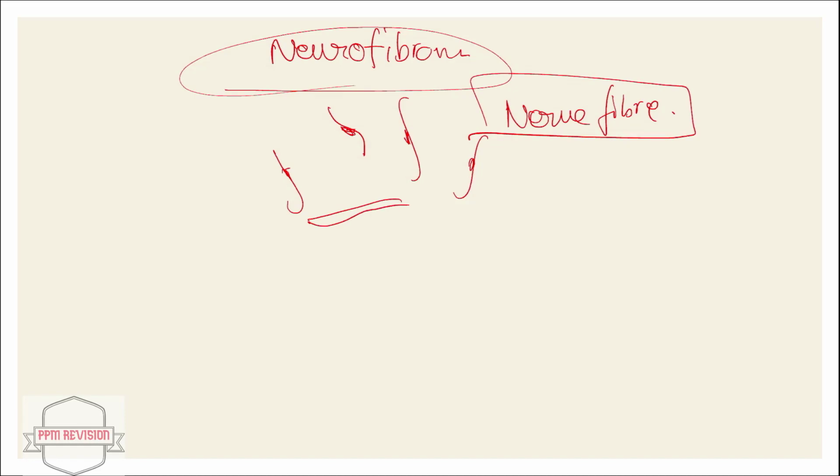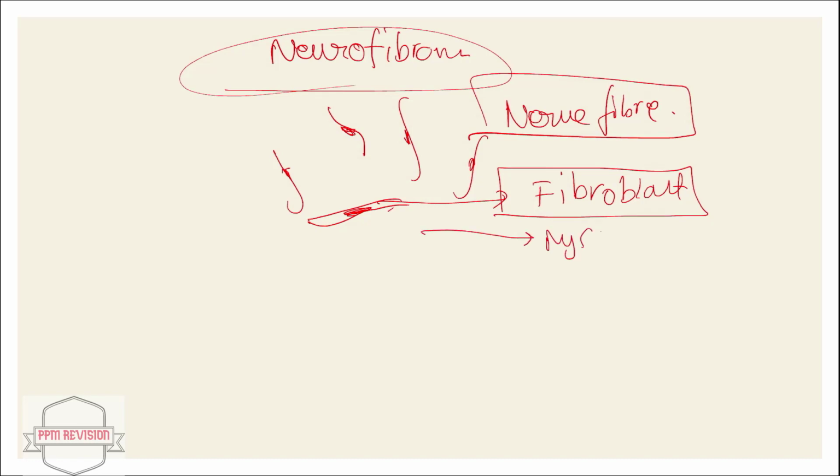If you're watching this complete video, it is basically a recap of all the important diagrams, which will be very easy to recollect in case it's asked. There's the nerve fiber, the myxoid matrix, as well as the fibroblast, right?